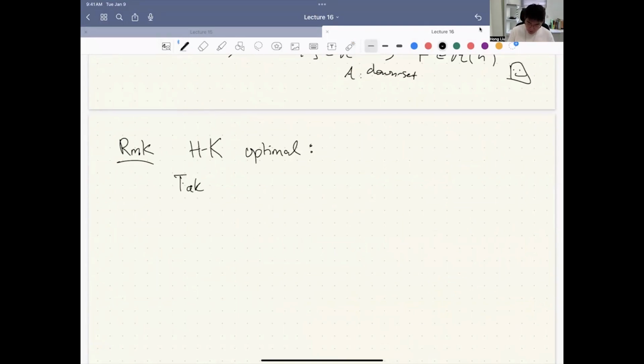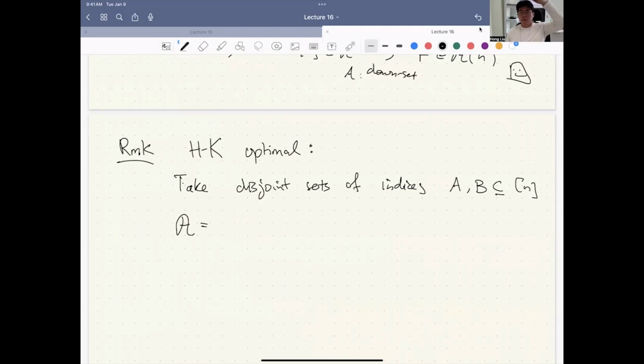Take disjoint sets of indices A, B, subsets of N. A and B are disjoint. Now let family A be all subsets of N minus B, and family B be all subsets of N minus A.